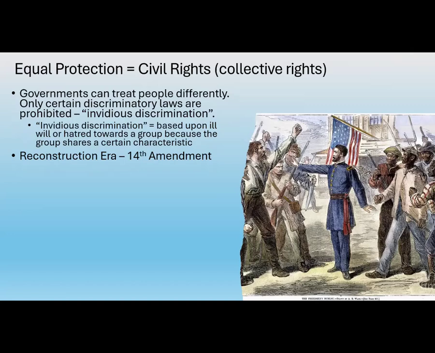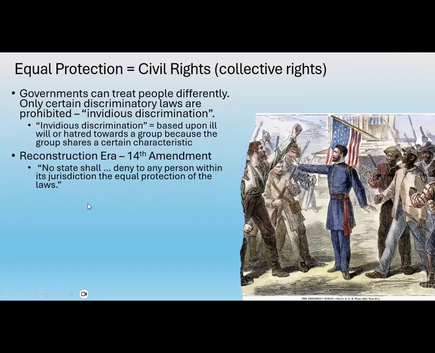The 14th Amendment was ratified to target those disgusting laws. And the Equal Protection Clause of the 14th Amendment reads that no state shall deny any person within its jurisdiction the equal protection of the laws.